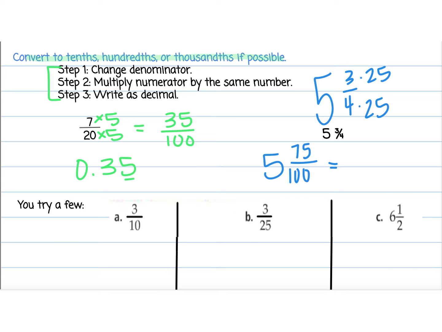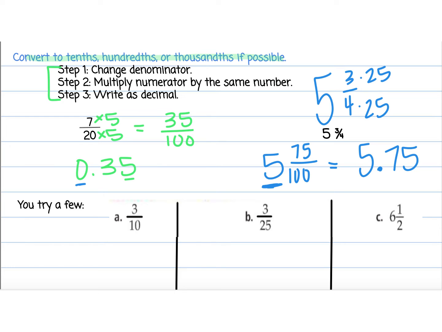So now rewriting this, 5 and 75 hundredths. So 75 hundredths after the decimal would be like that. And then don't forget, this time we have a 5 out front. Every other time we had a 0 because there was no whole number. So now in the ones place, we fill in with a 5. So 5 and 75 hundredths.